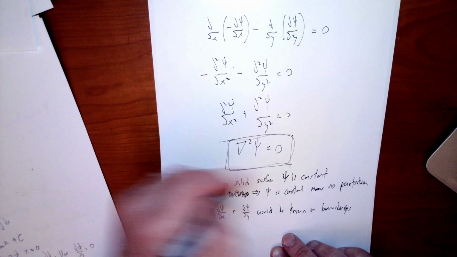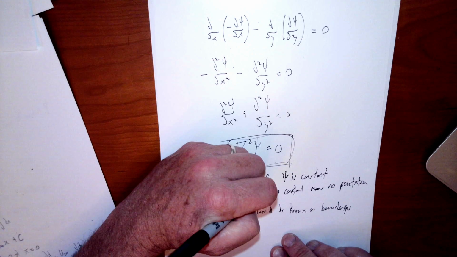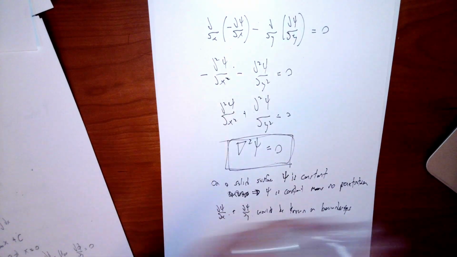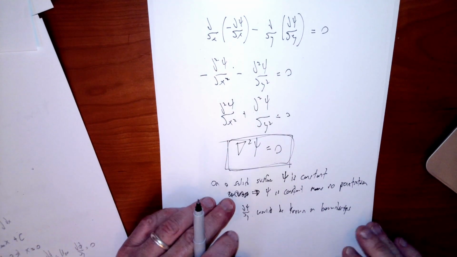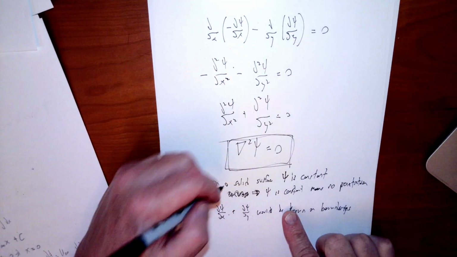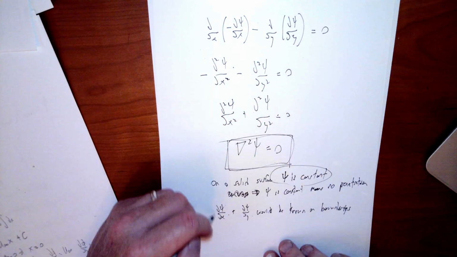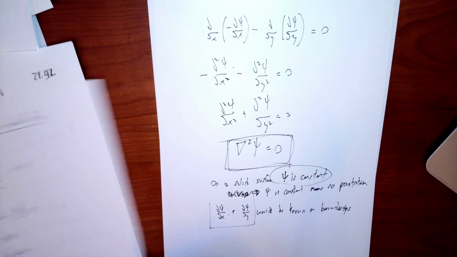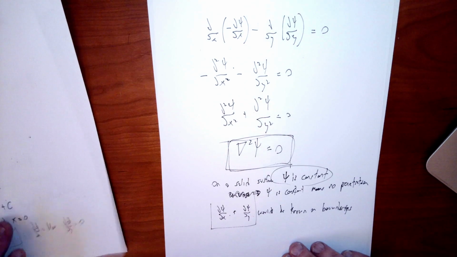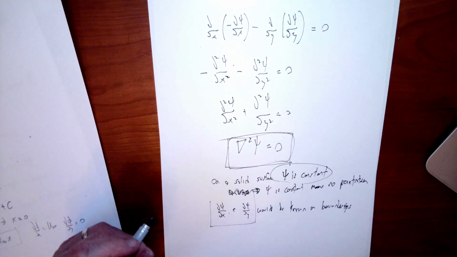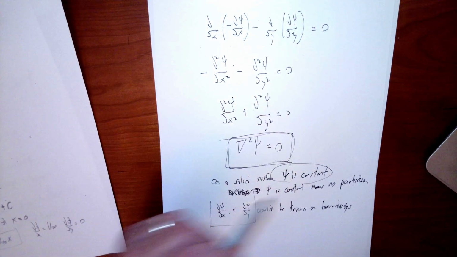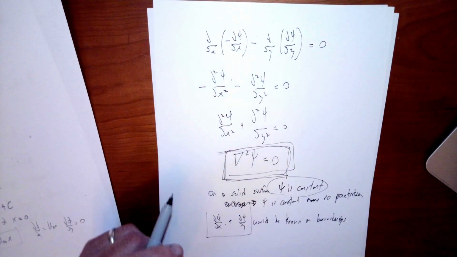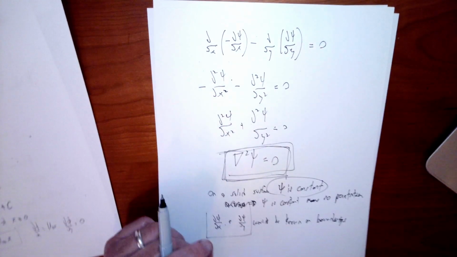That would give you a flow parallel to the boundary, but d psi in the direction of the boundary would give you the flow that would go in or out of the surface, so that has to be constant. So for a solid surface psi is constant, and you have to know your d psi dx and your d psi dy in order to have boundaries and solve this Laplace equation. So you have a second way to do this for incompressible irrotational flow using the Laplace equation using stream functions. So now we'll see how those two things relate to each other.